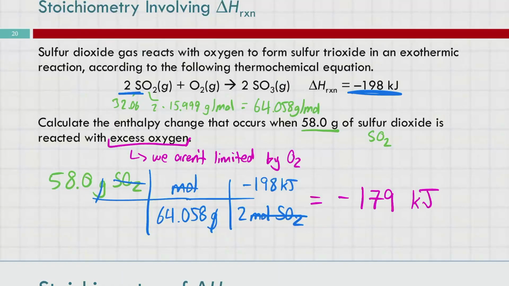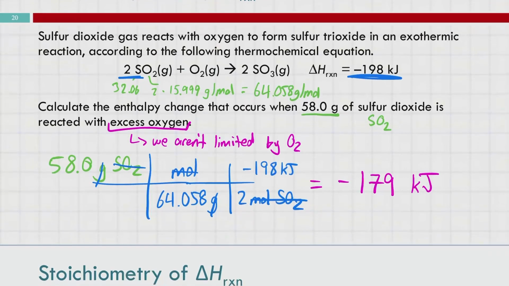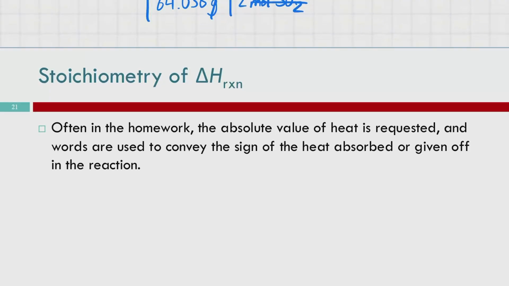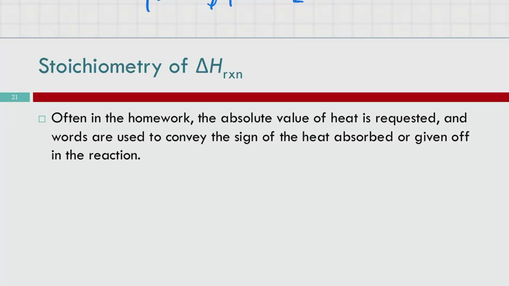Questions about stoichiometry or enthalpy? Sometimes, possibly in the homework, the absolute value of heat, the positive value, the magnitude of the heat is requested, and words will be used to convey the sign of the heat, absorbed or given off.